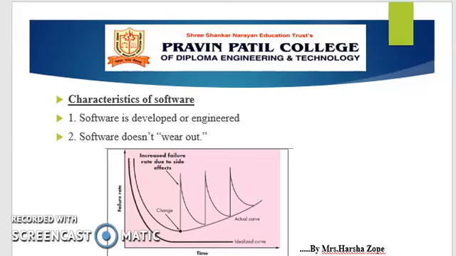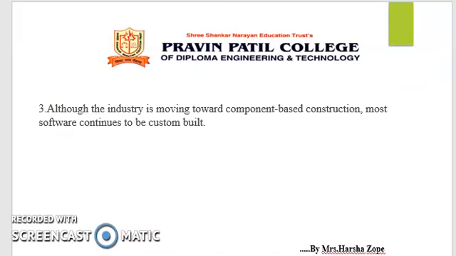And the third characteristic of software is that although the industry is moving towards component based construction, most software continues to be custom built. Custom built is the third characteristic. Reusable components have been created so that the engineer can concentrate on the truly innovative elements of a design, that is, the part of the design that represents something new.